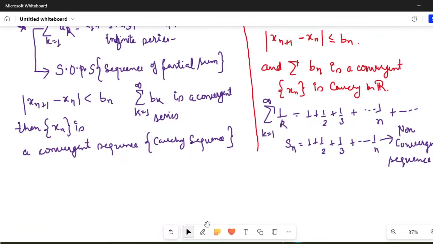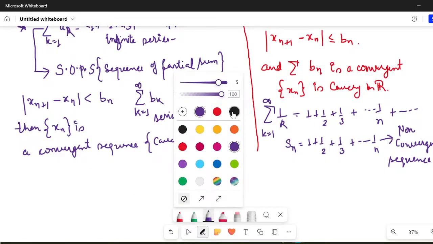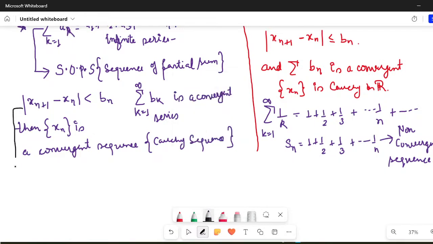In order to establish that xn is a Cauchy sequence, what will I do? I will estimate, as usual, xm minus xn, where m is greater than n. So you will get n plus 1 here, n plus 2 here, dash dash dash, m minus 1 here, so on and so forth.